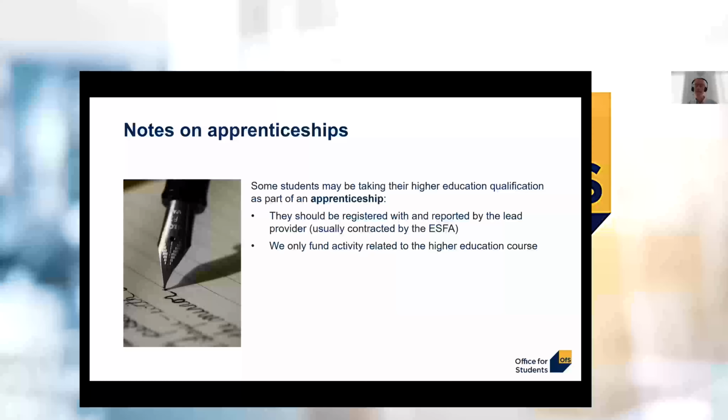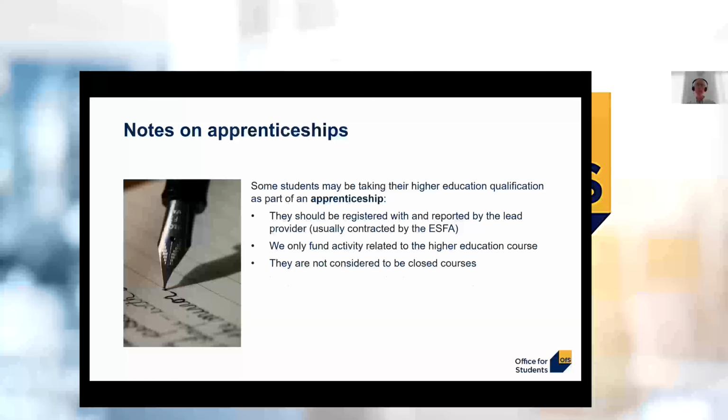And we do not expect this to include all of the apprentice's time in the workplace. So again, I'm jumping ahead a little bit here, but apprenticeship programs are sometimes tied to employees of a particular company, which ordinarily might make them what we would call a closed course, which would then make them non-fundable, as we'll see later. But because they're apprenticeships, we do not treat them as closed courses.